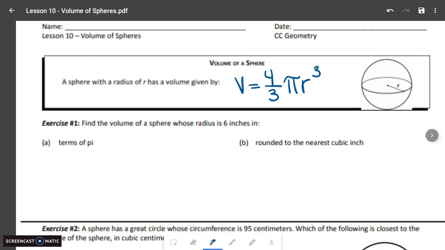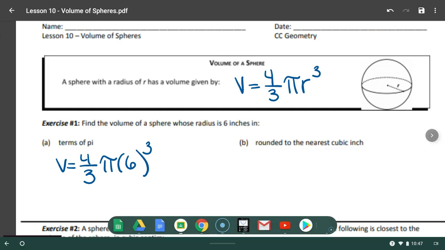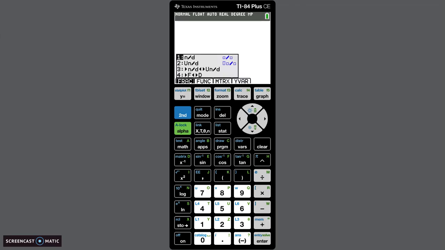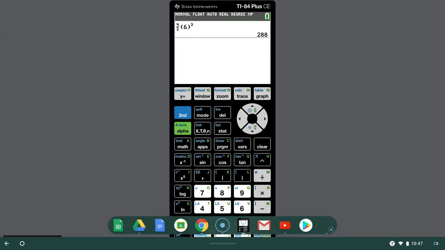So if I find it in terms of pi, I'm literally just plugging into our formula. Volume equals 4/3 pi, radius was said to be 6, cubed. Now when I do this in terms of pi, I don't plug pi into my calculator. I'm going to have alpha y equals 4/3 times 6 cubed, and we get 288.